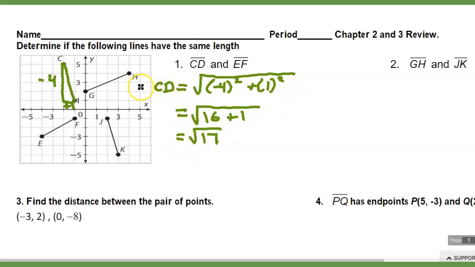Now we're just going to see if EF is the same length. So let's do EF over here. So EF, right here, has a run of 3, rise of 2.